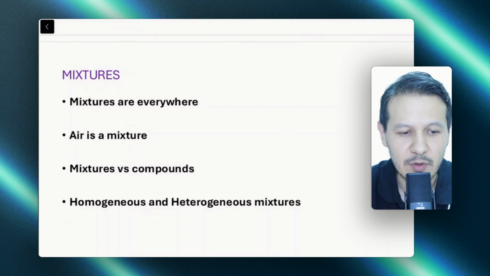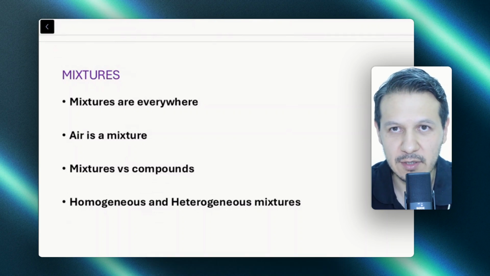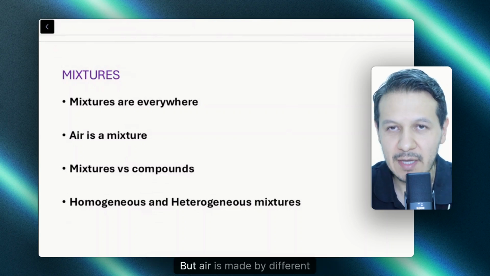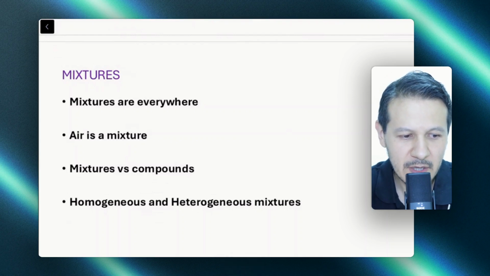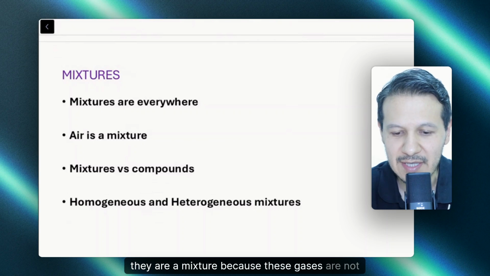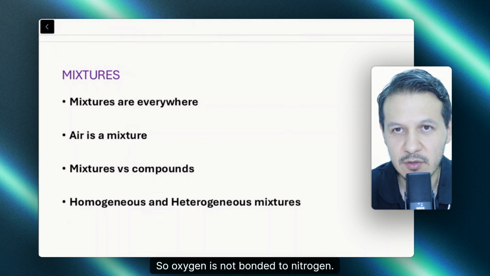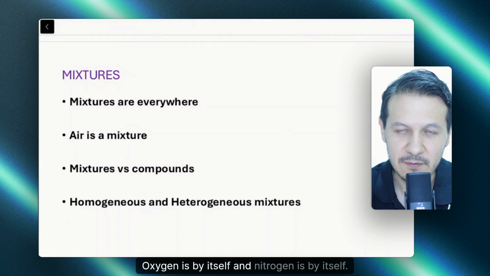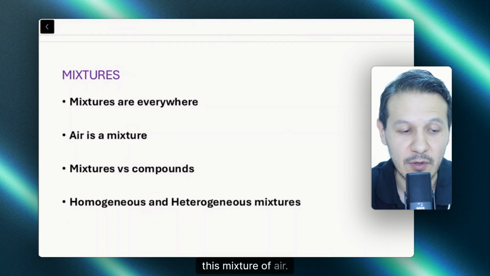You know that air contains different gases. Nitrogen and oxygen are the ones in the highest percentage in air, but air is made of different gases. They are a mixture because these gases are not chemically bonded. So oxygen is not bonded to nitrogen. Oxygen is by itself and nitrogen is by itself, but together they create this mixture of air.